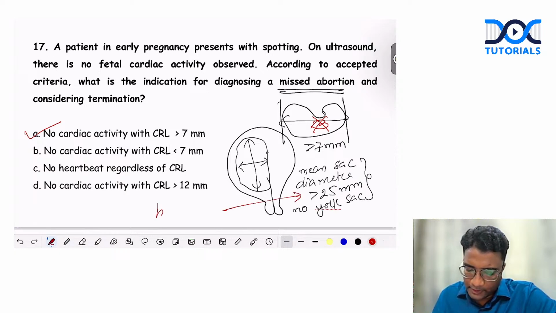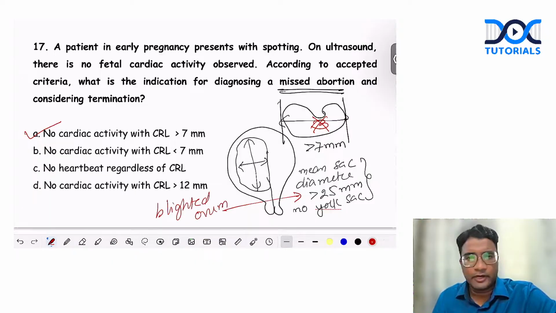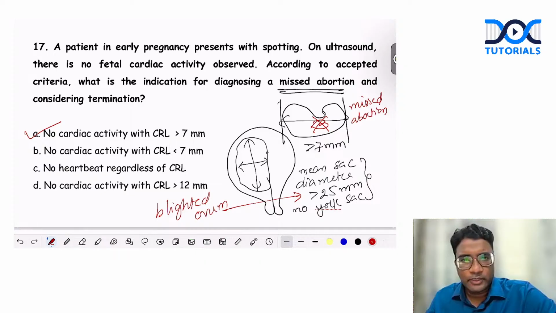Okay, we'll put it here, blighted ovum. So these are the two causes for failed intrauterine pregnancy. One is when the crown rump length is more than how much? 7 mm and without any cardiac activity. Or when the mean sac diameter is more than 25 mm and no yolk sac. These are two important ultrasound criteria for missed abortion or failed intrauterine pregnancies.